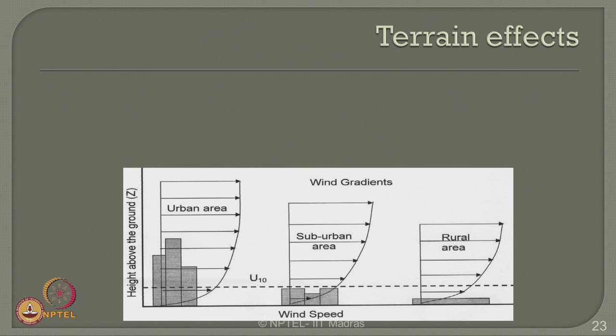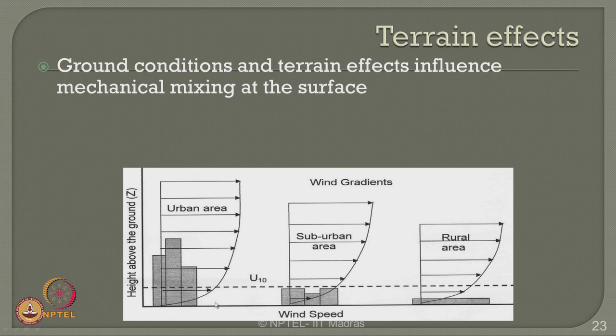One can also see how the terrain significantly affects the wind speed or the wind gradient. The ground conditions alter the wind gradient significantly. Whether there are more obstructions or no obstructions, the rise of the wind velocity above the ground, which we call z, will change depending upon the interferences caused on the wind speed.